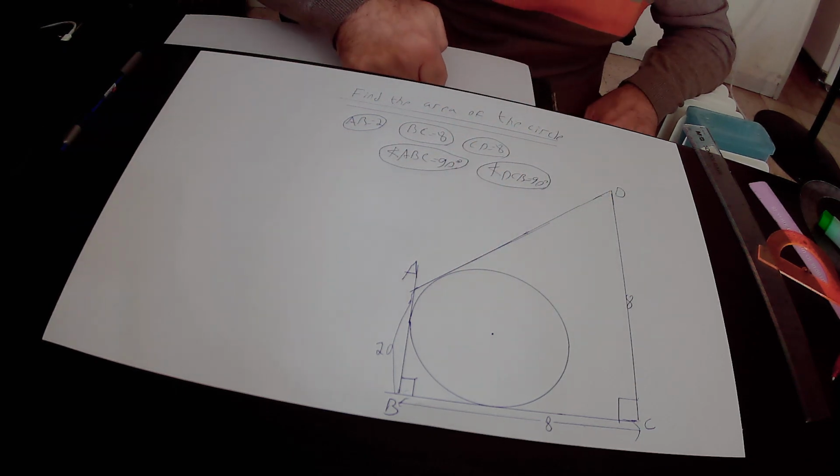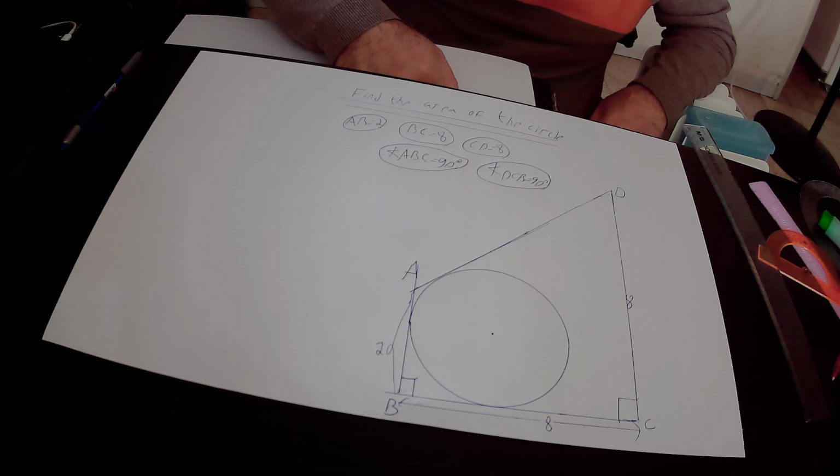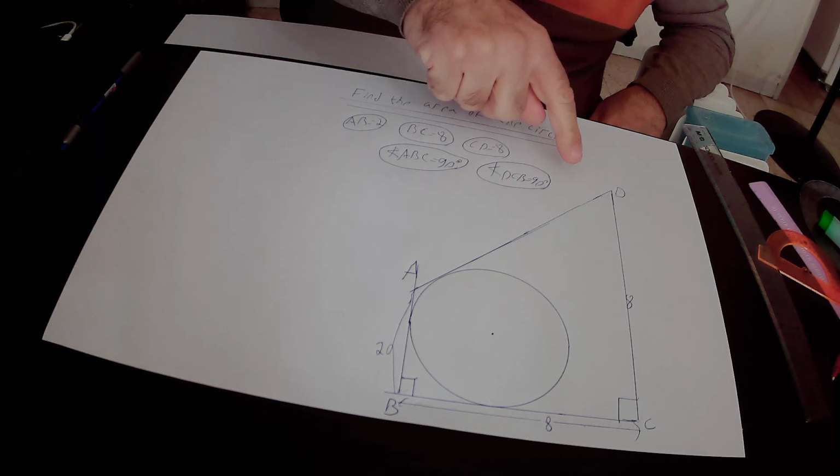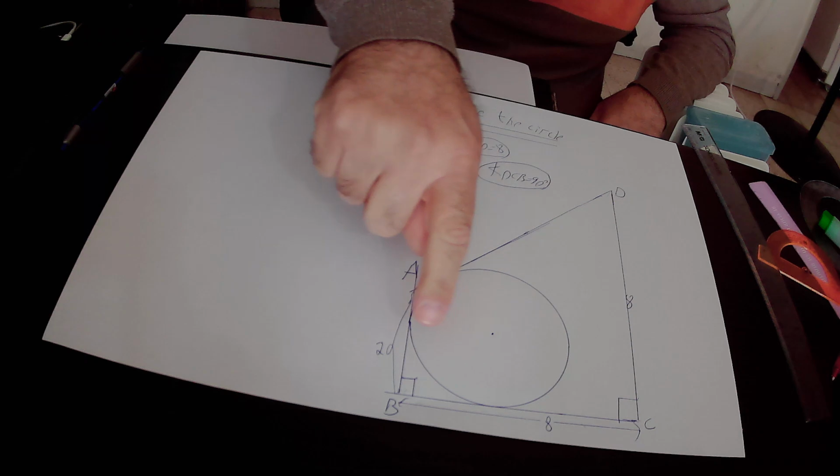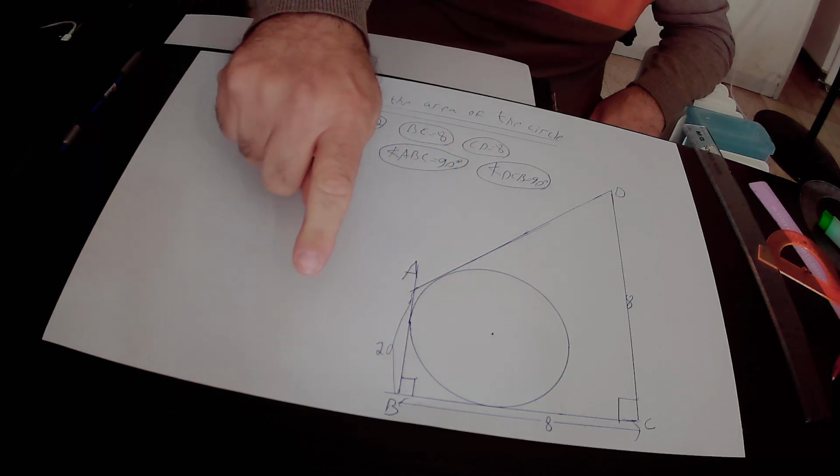So first of all, we'll do a construction. We'll extend side DA and side CB by straight lines until they touch each other.